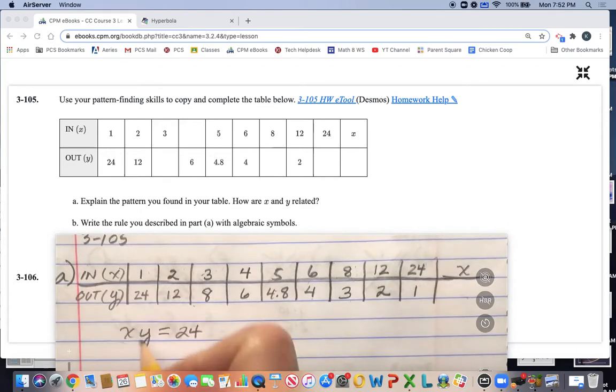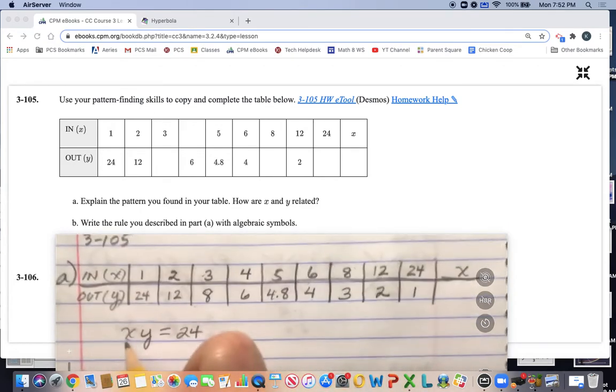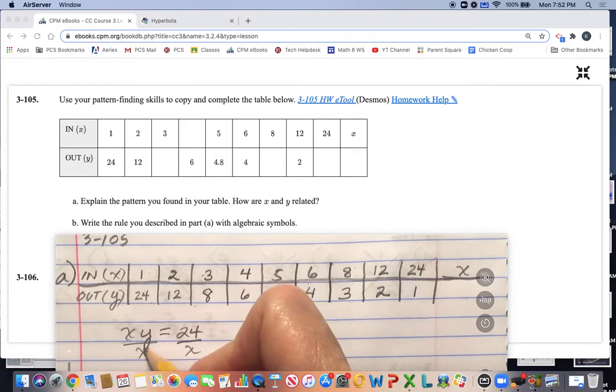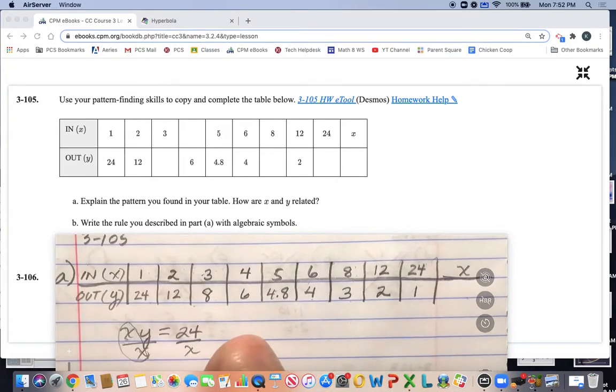But if I'm going to write that in over here, I have to find out what Y is equal to. And so I decided, well, if these are being multiplied together, I can undo that multiplication by dividing by X on both sides. So I know that X over X is equal to 1.